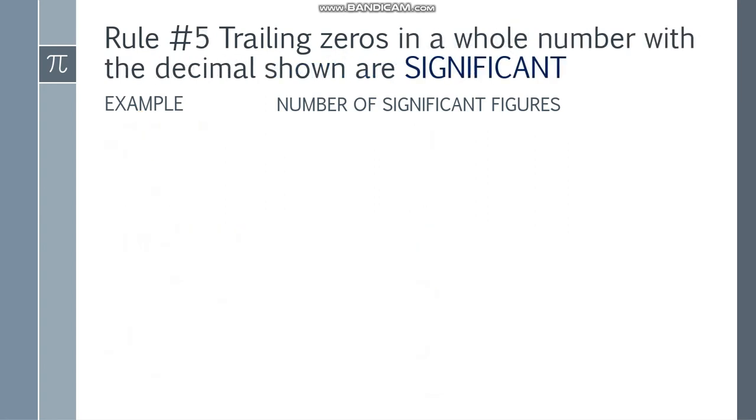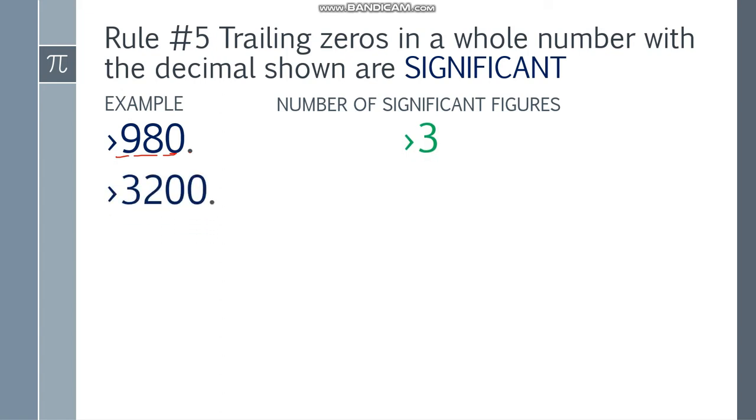Rule number 5: trailing zeros in a whole number with a decimal shown are significant. So you have 980 with a decimal point. So the zero here is also considered significant: 1, 2, 3.